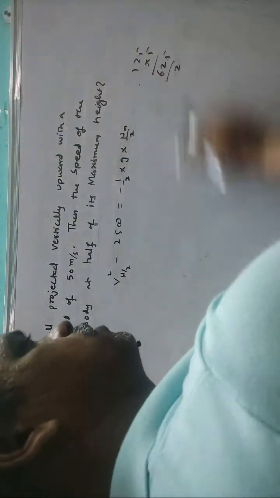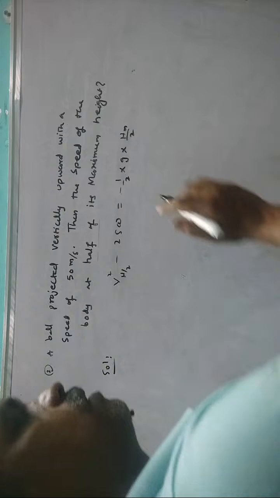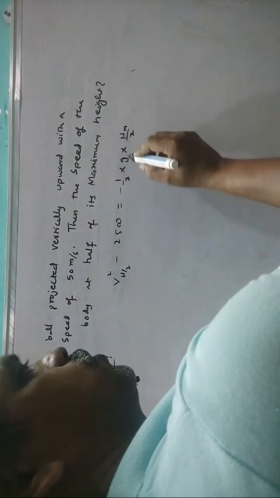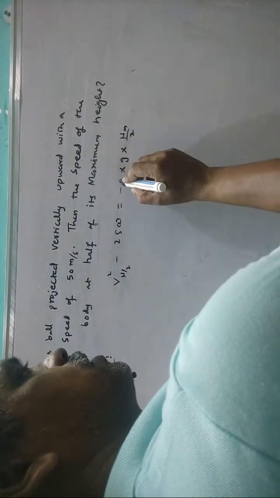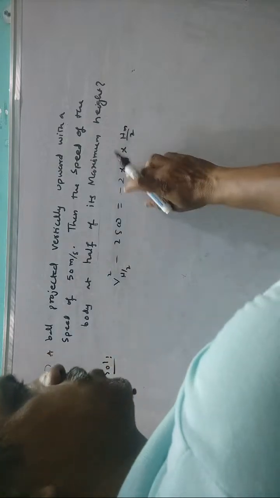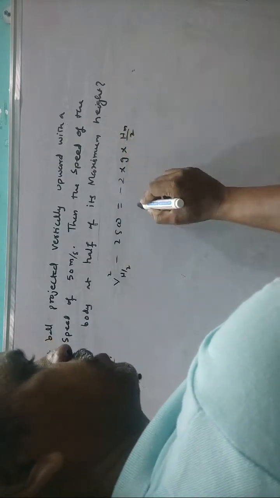So what is the problem here: 2as, so sorry, 2as is minus 2 into g into h maximum by 2.